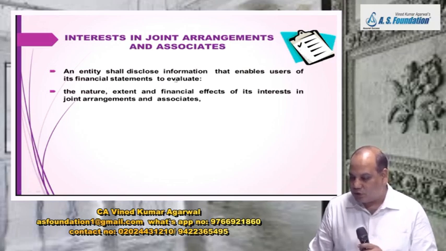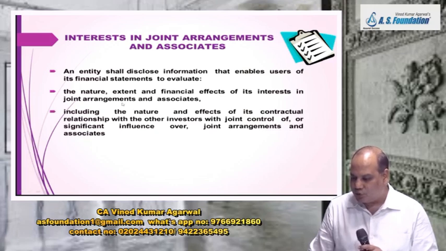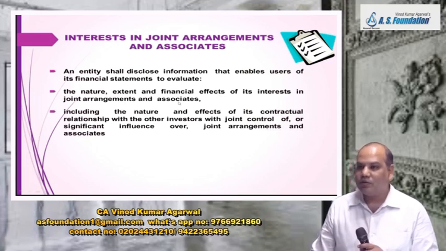So you have to give so much disclosure that investor can understand what is the nature of your interest in that joint arrangement, what is your extent, means percentage, etc., and financial effect. What is the share in the profit of joint venture, associate that you have recorded?